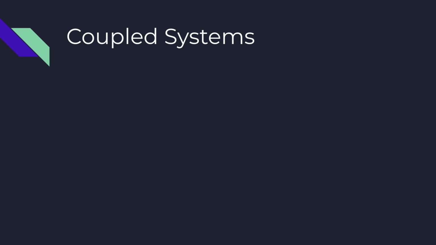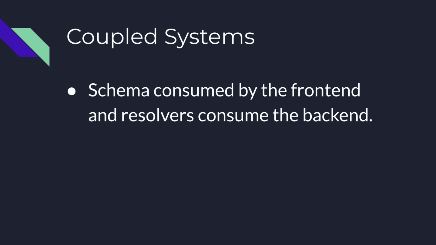How GraphQL solved it is it divided everything into 2 parts. The schema is made, maintained, and consumed only by the product team, the front-end team, and the design team, right? And the resolvers are mapped to the backend.